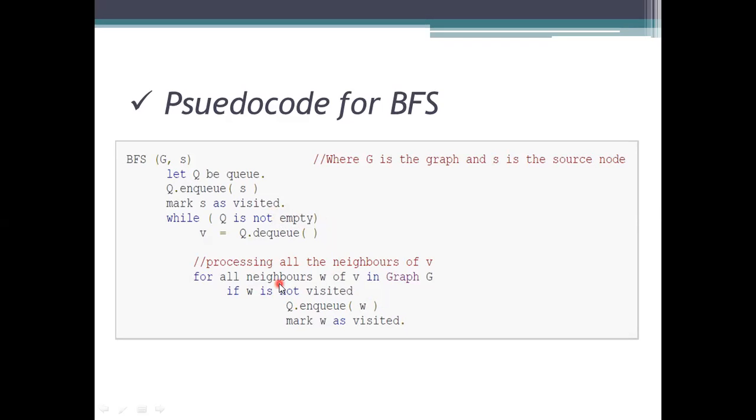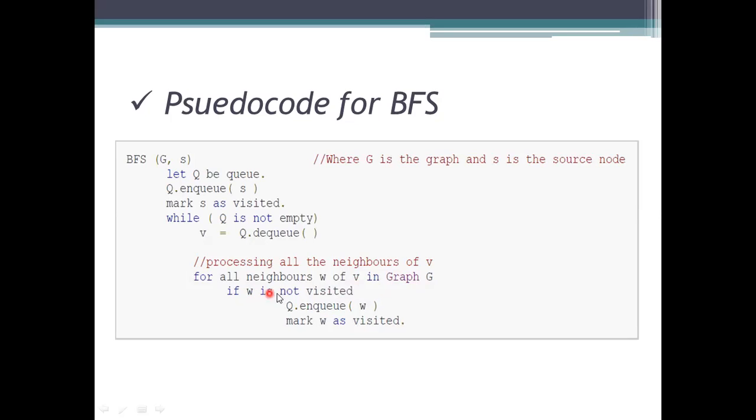How am I going to store the values of the neighbors? Here the neighbors of this vertex will be considered as W, and the vertex has been specified with the capital V, which has been taken from the graph notation capital G. So the neighbor node is W. The vertex we used earlier for traversing will be specified as V, and the graph from where we are taking these values is capital G. If it is a visited one, we won't perform any action here.